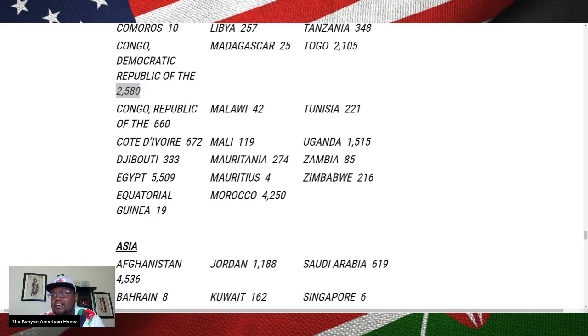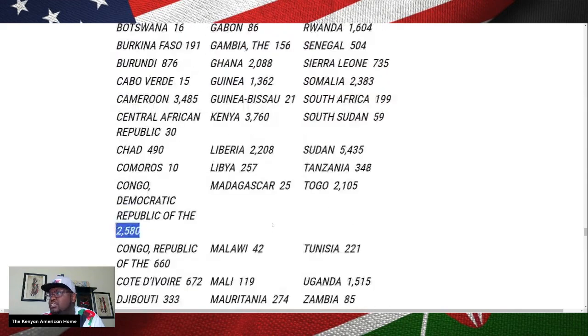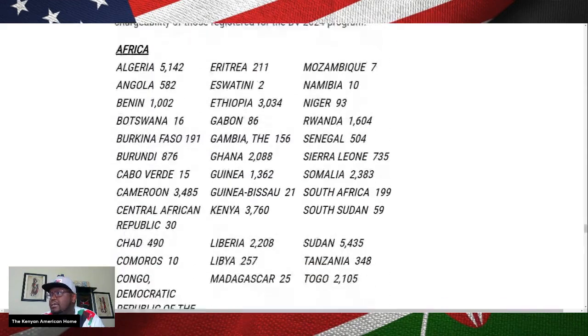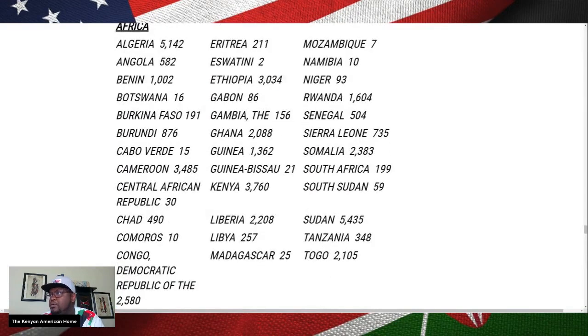And then let's look at some of the countries. Eritrea, Ethiopia. Oh, Ethiopia I think also went up. Ethiopia last year was 2,700. It went up to 3,000. So they added like 300. Now Kenya has been going up.